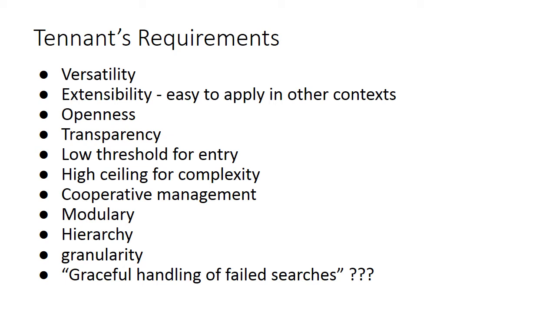It should be cooperatively managed across both institutions and across countries, etc. It should be modular. And we'll see when we come to BibFrame that the replacement at least is modular.